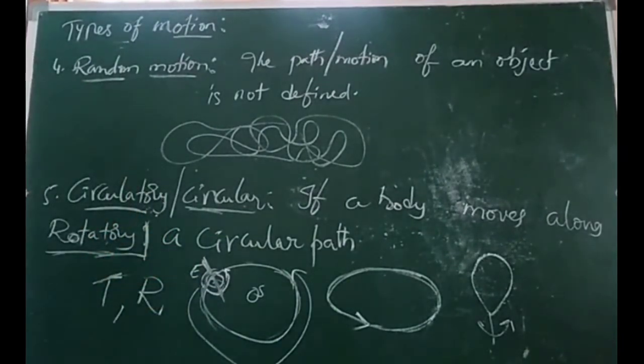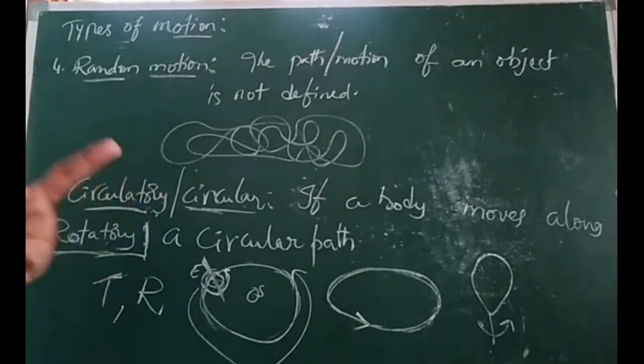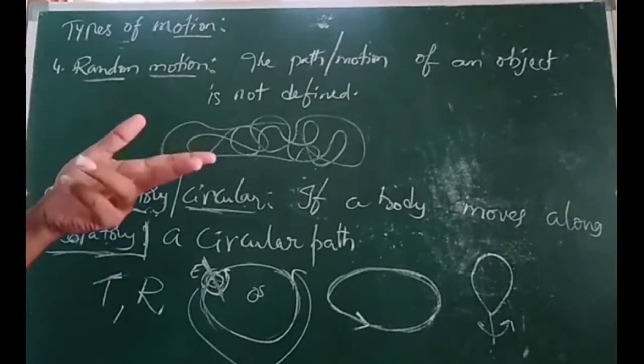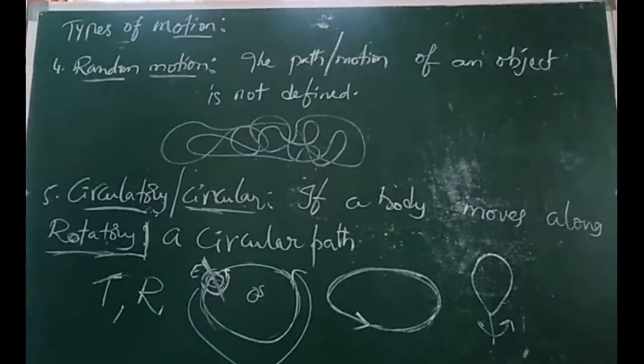Next, remember that in some cases only one motion is applicable at a time, and in some cases two types of motion are applicable at a time. Example: rotation of the hands of a clock.